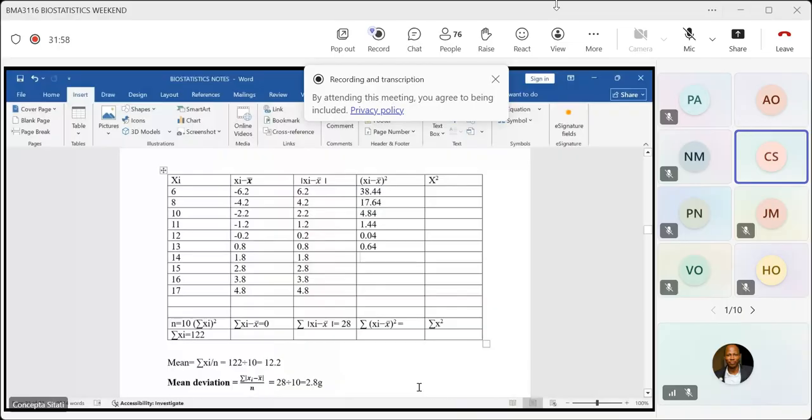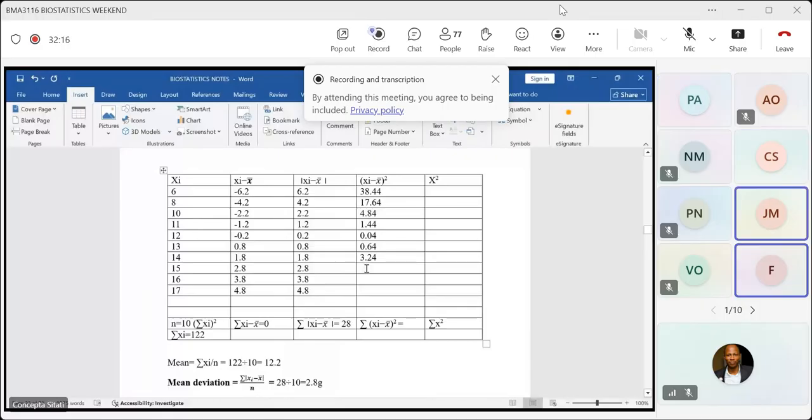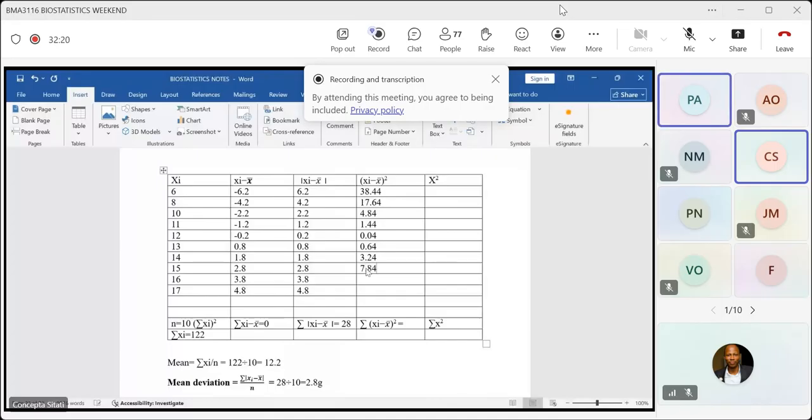Yes, what is 1.8 squared? 3.24. Next, 2.8 squared is 7.84.